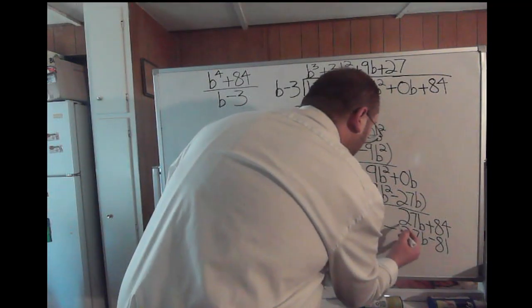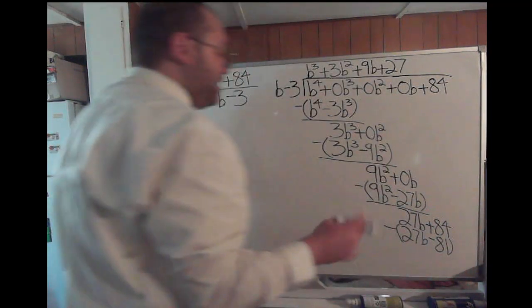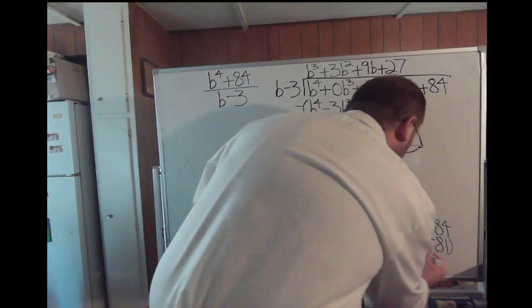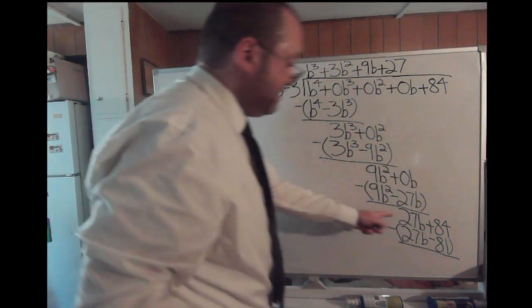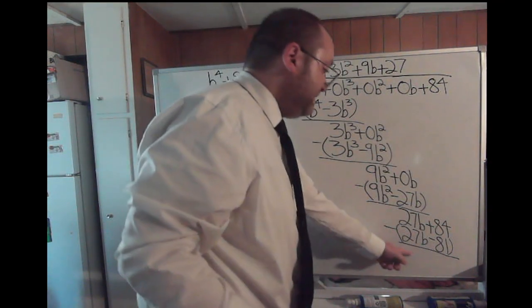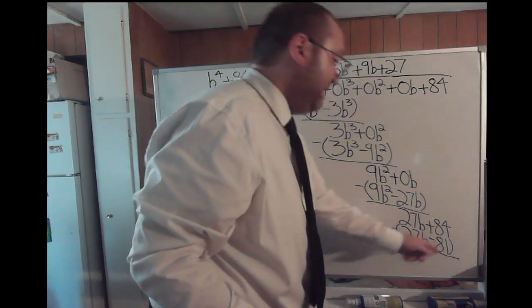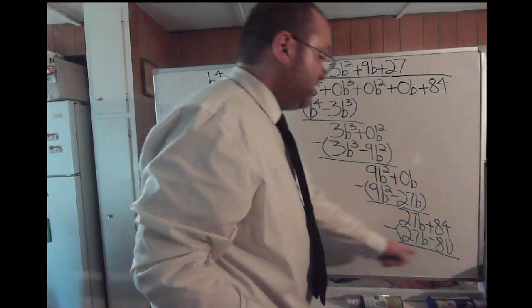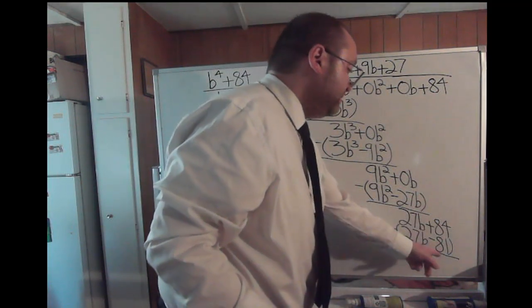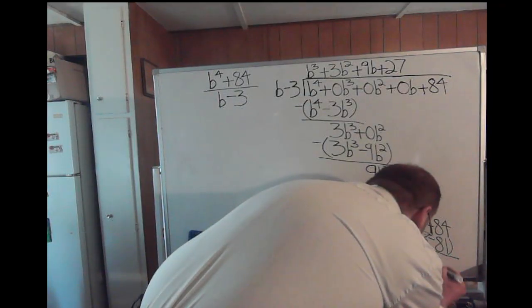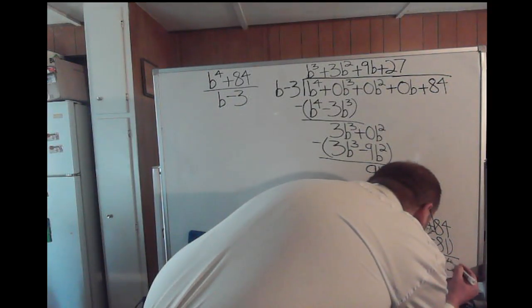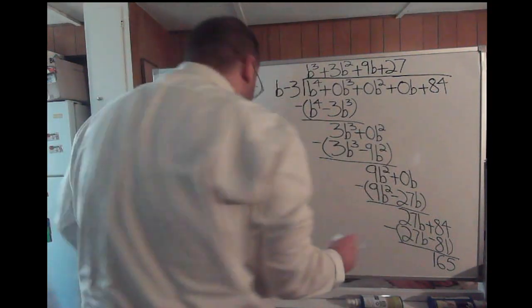Now subtract the quantity of what you just got from the dividend. 27b minus 27b, that's 0. Negative 81, that's going to actually be plus 81. 84 plus 81, that's 165. So you have a remainder of 165.